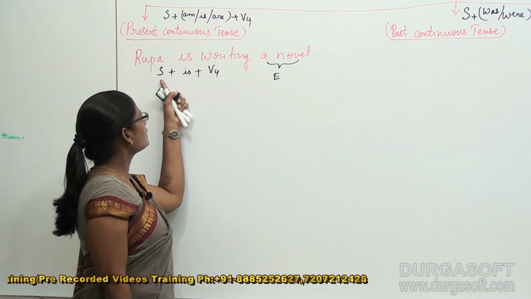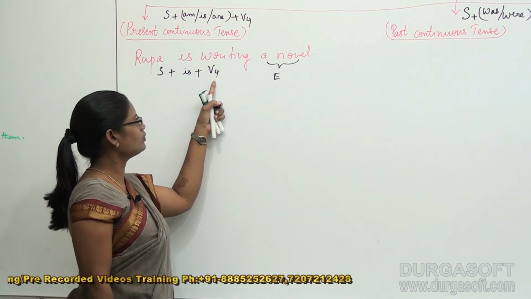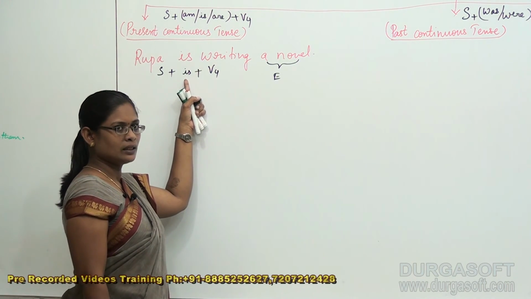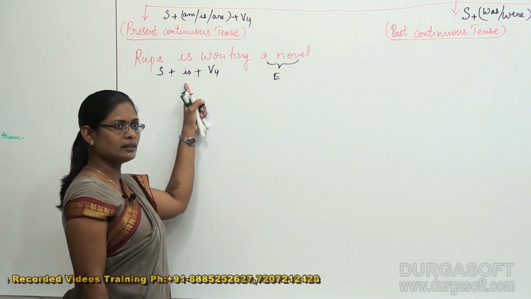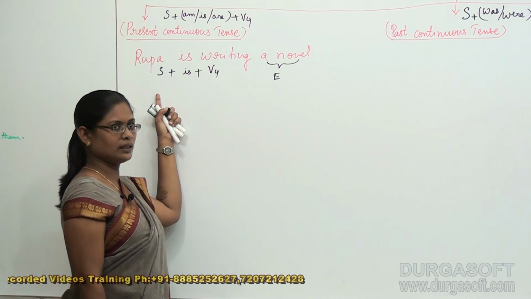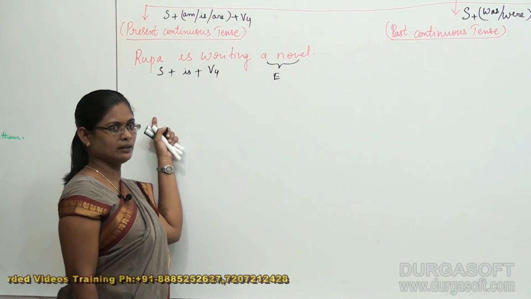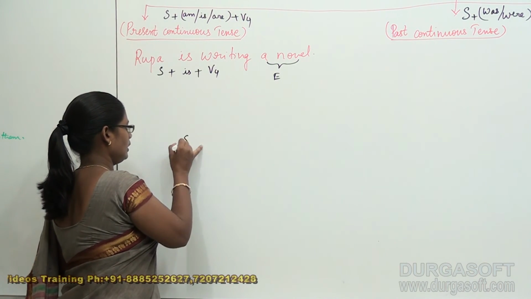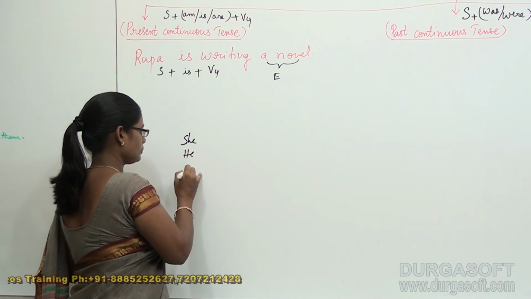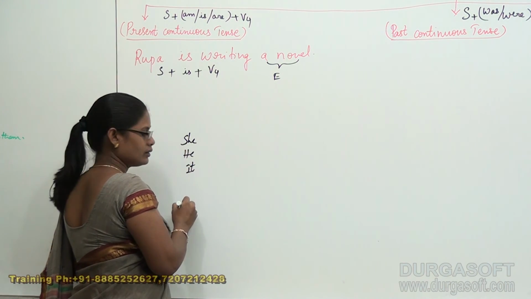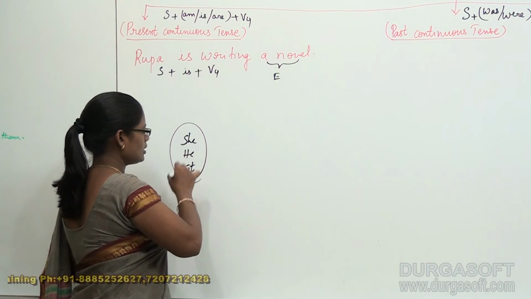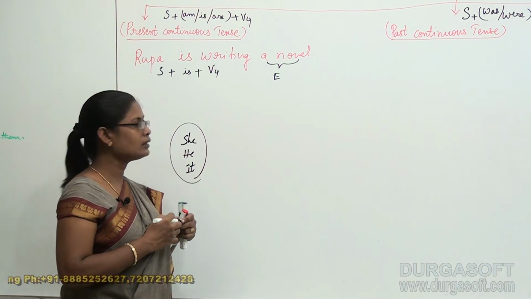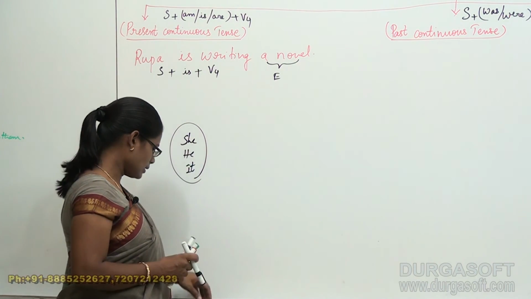So subject plus is plus V4. When does is come? Is always agrees with a singular subject, that is a third person pronoun, right? So if it is she, he, it, this all goes with is.